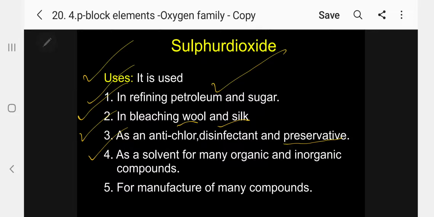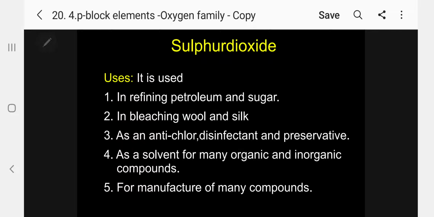Number 4, it is used as a solvent for many organic and inorganic compounds because sulfur dioxide can be easily liquefied. Number 5, it is used for the manufacture of many compounds. From sulfur dioxide, we can get a number of compounds like sulfur trioxide, sulfuric acid, etc., which are very useful in the laboratory.